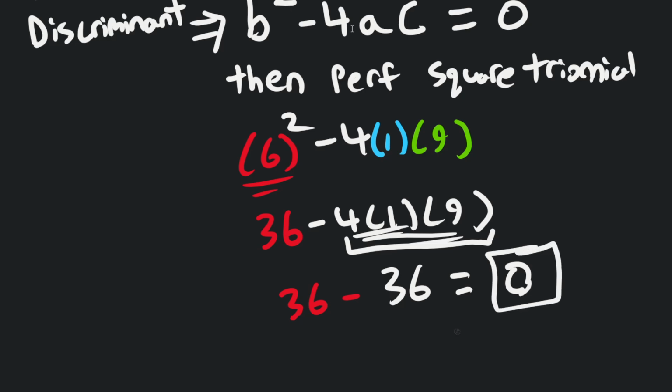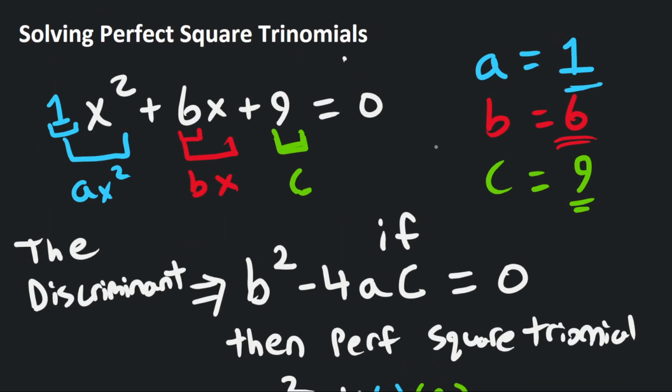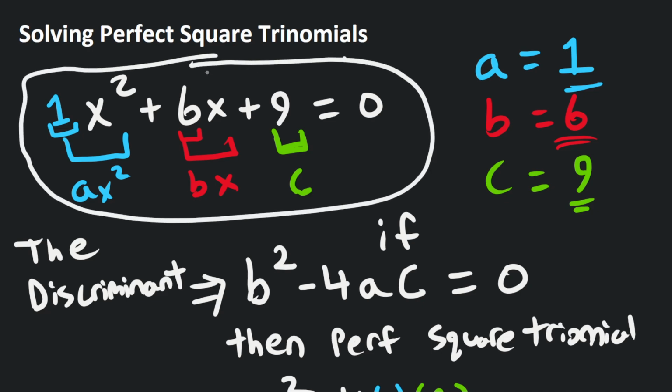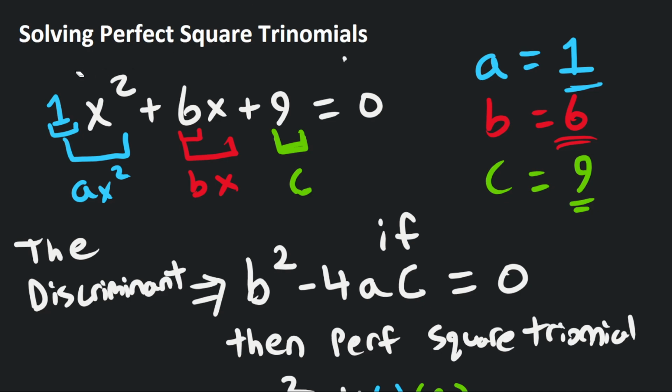There we go. So the discriminant of the trinomial we started with is 0. That's how we know it is a perfect square trinomial.